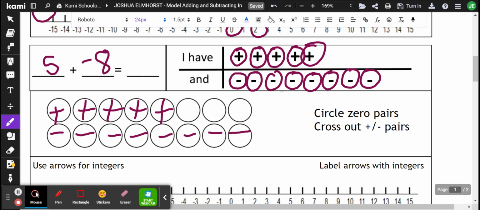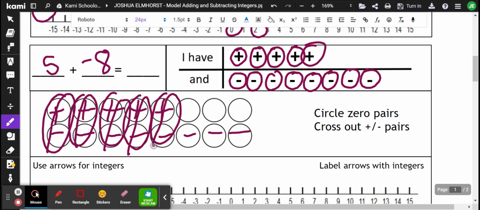Now that we've got 5 positives and 8 negatives, we can do our 0 pairs. You can circle them, cancel, and we're left with 3 negatives left over. So 5 positives and 8 negatives together is going to equal negative 3 as our ending point.